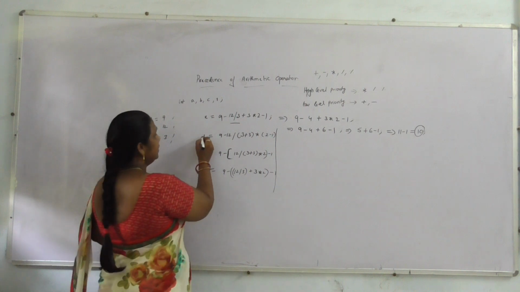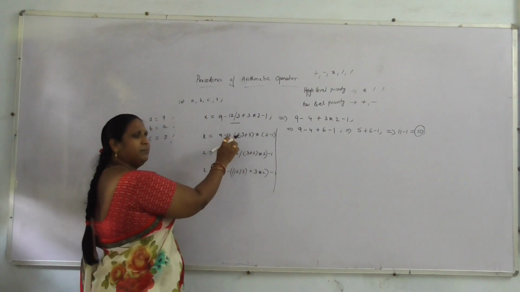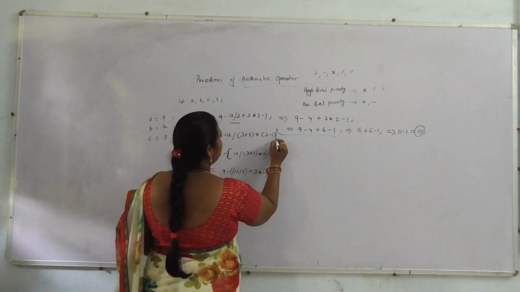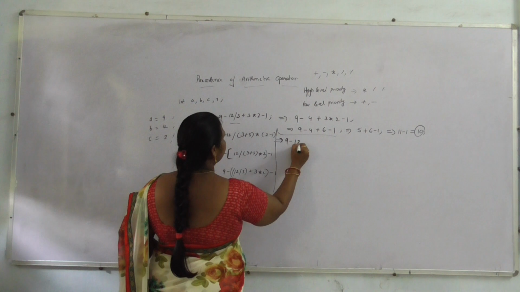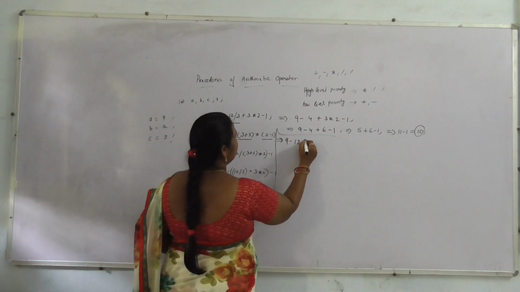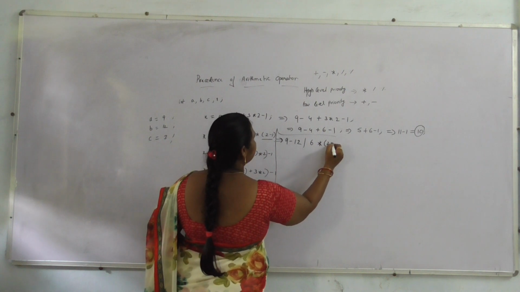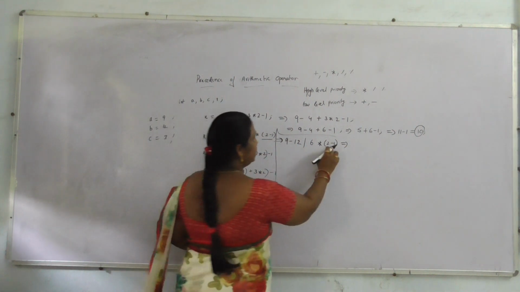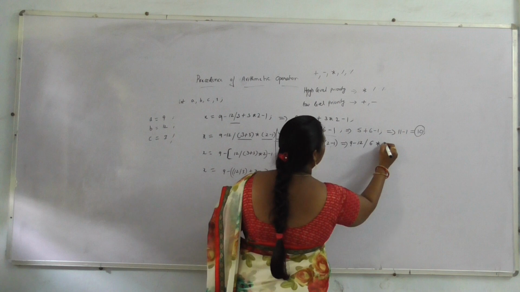In this expression with brackets, first 3 plus 3 is 6. So 9 minus 12 divided by 6 asterisk 2 minus 1.